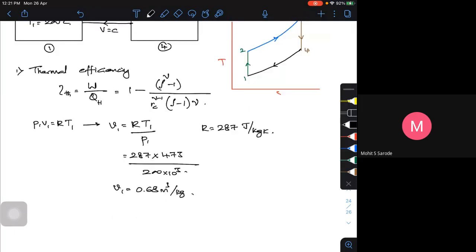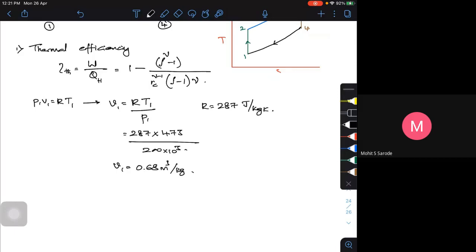Now what is the compression ratio? Rc is nothing but V1 by V2, or I can find V2 is equal to V1 divided by Rc. V1, we have just found, is 0.68, divided by 18.